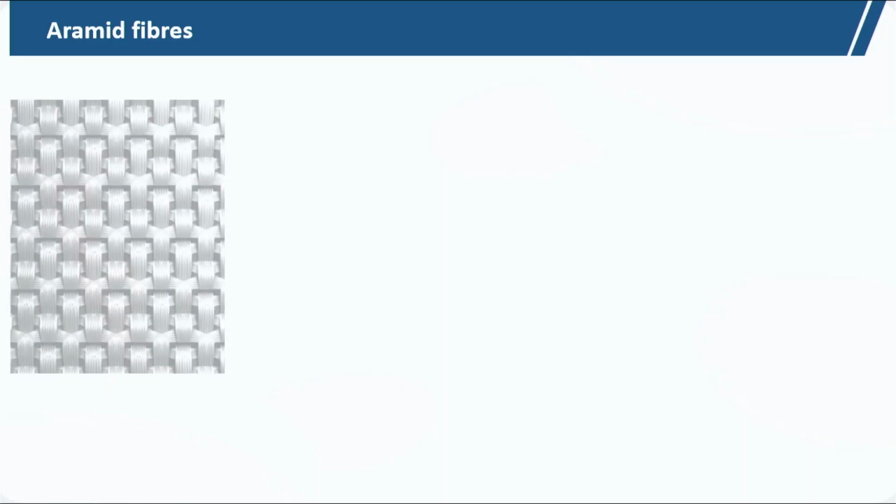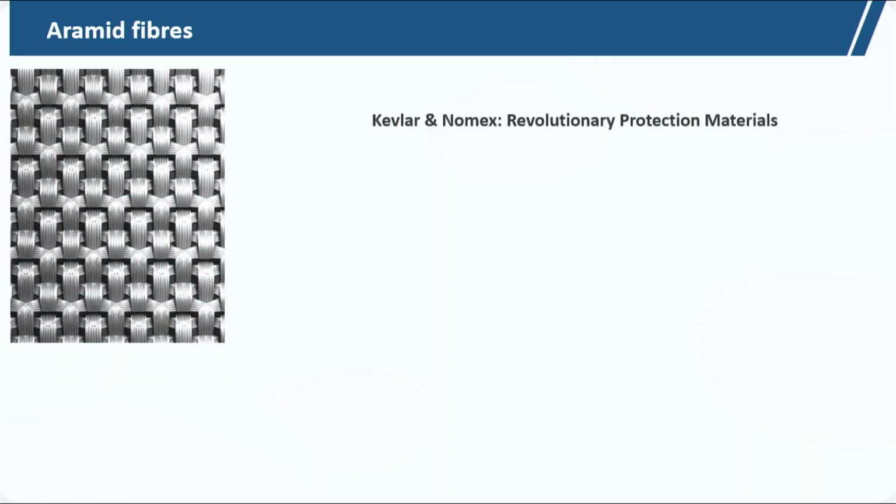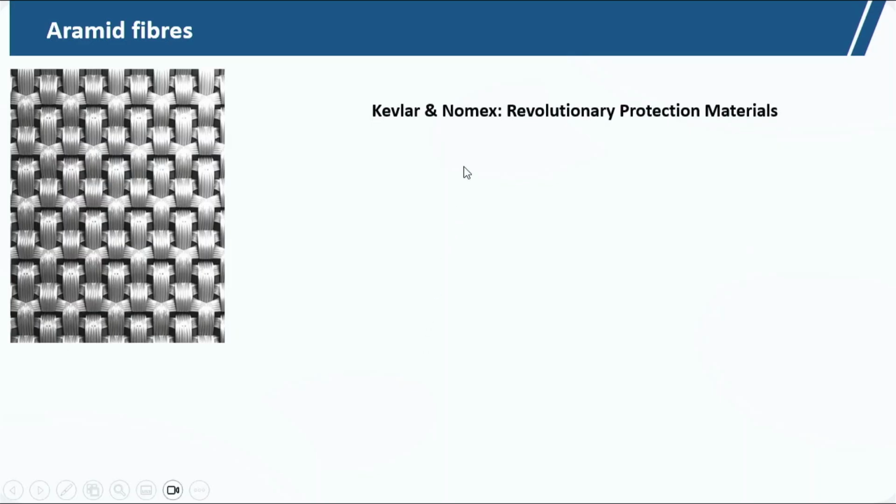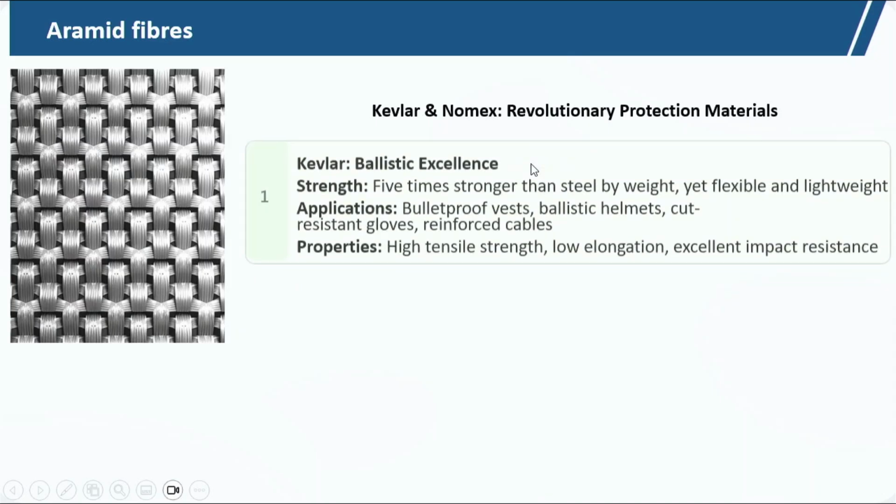like aramid. So, if you see aramid, Kevlar and Nomex are basically trade names of DuPont, but apart from this, as I have mentioned, many companies are there, with commercially available aramid fibers. So, these are the protective textiles.